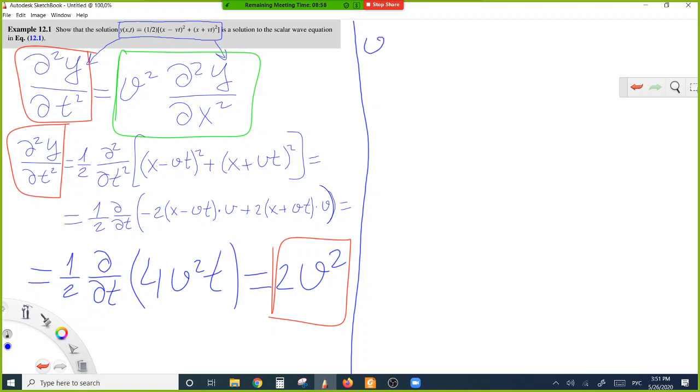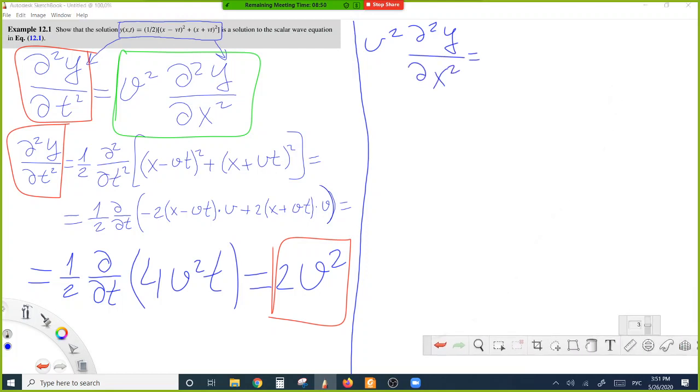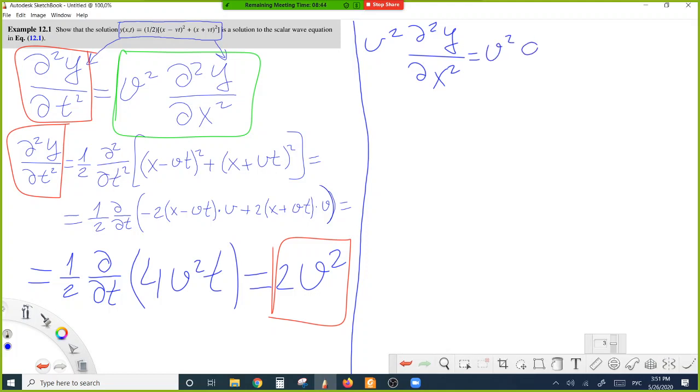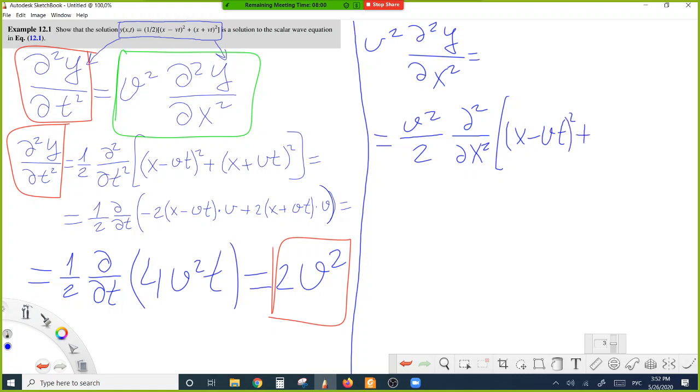We have v squared d squared y over dx squared, which is equal to v squared over 2 d squared over dx squared of (x minus vt) squared plus (x plus vt) squared.